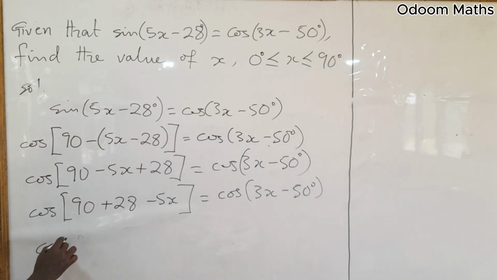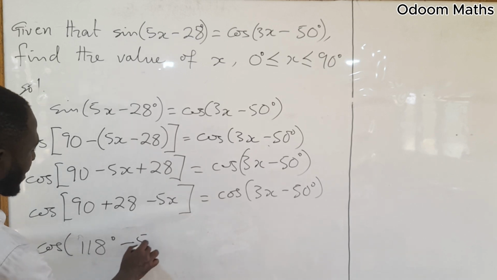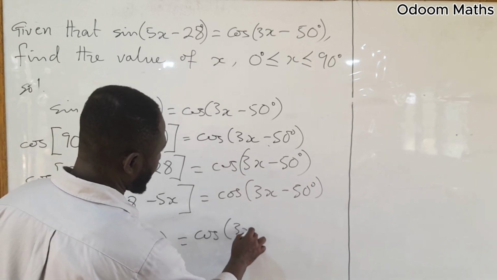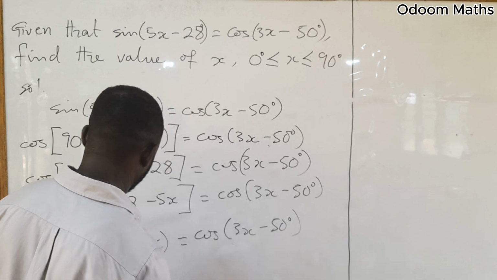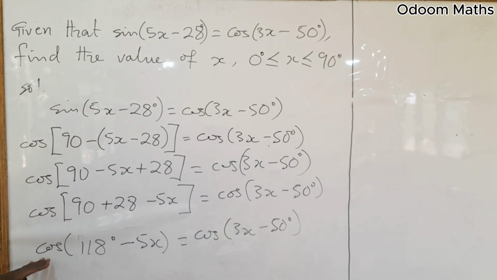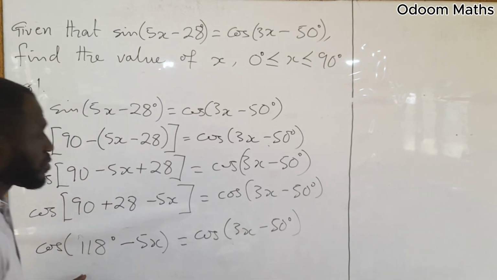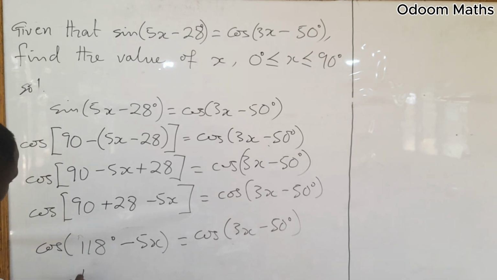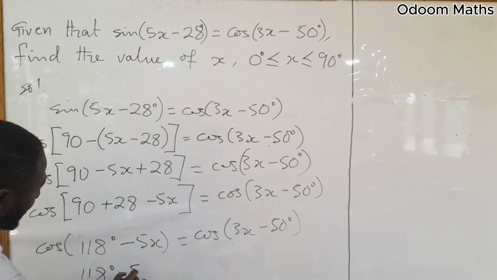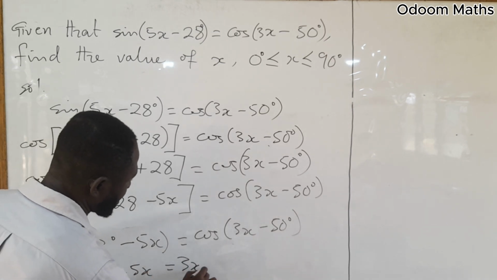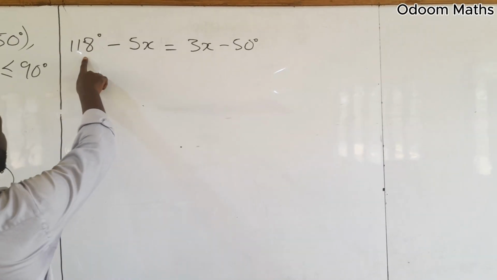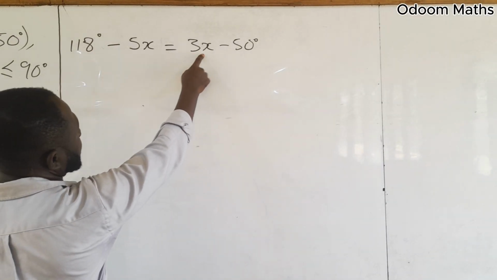So cos of (118 degrees minus 5x) equals cos of (3x minus 50). Since this cos is equal to this cos, we just equate what is in the bracket. So 118 degrees minus 5x is equal to 3x minus 50.